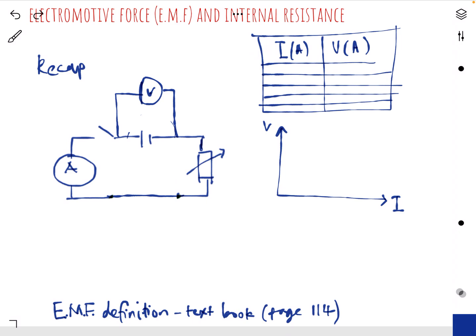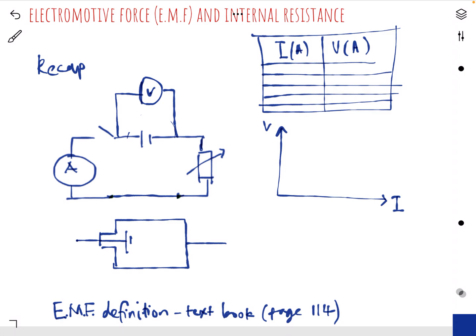Now here's the dry cell. Actually, the dry cell here, we can draw something like this. Here's the dry cell. This is the EMF in the dry cell.